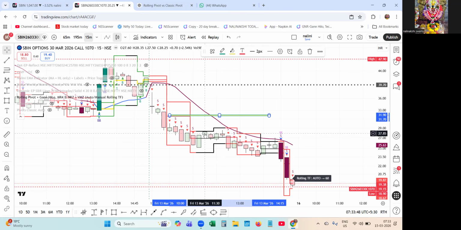And you think that it is a pullback. If there is no boundary of this rolling pivot, you think that it is a pullback, that it is making a higher low. No, no, see, this is the boundary. It is telling you that this price action, what you have learned, is a wrong thing.